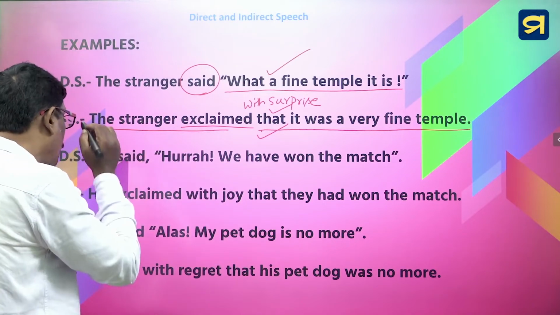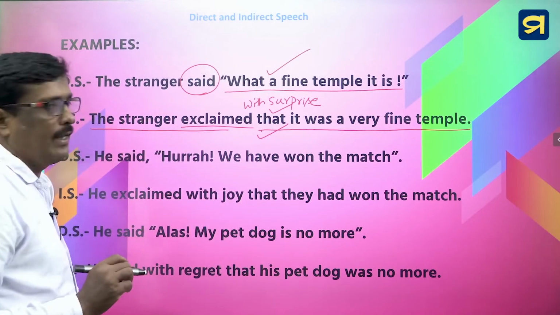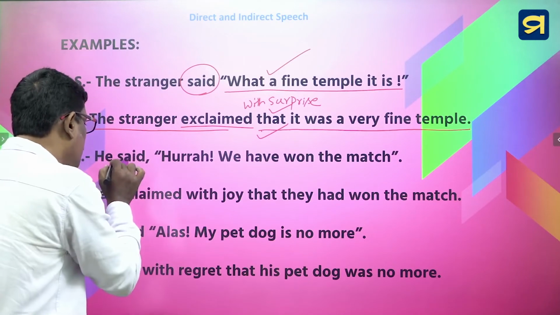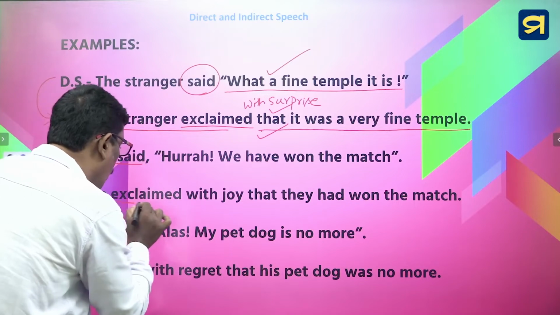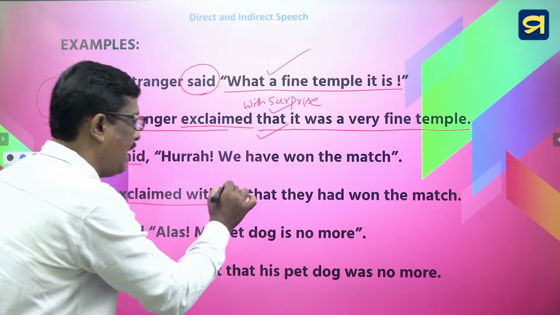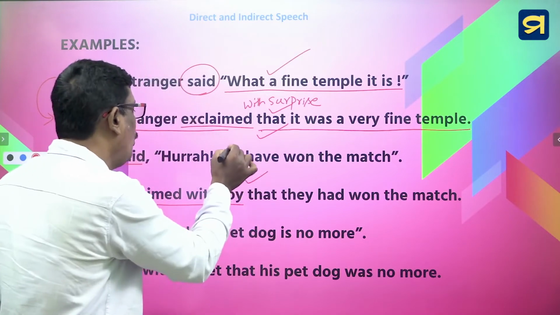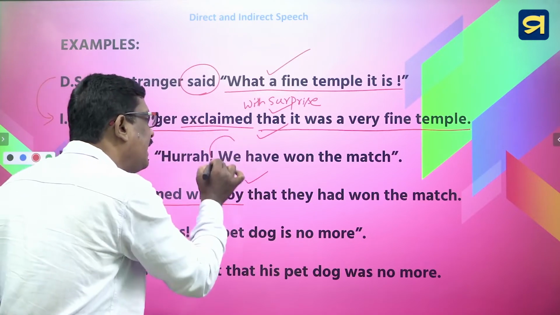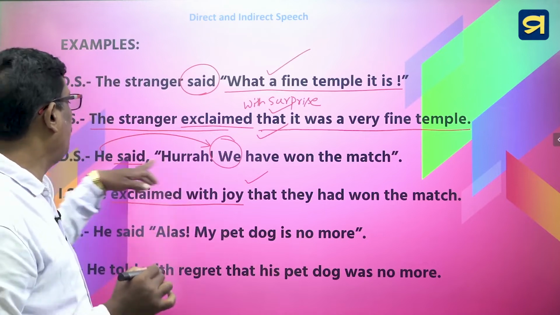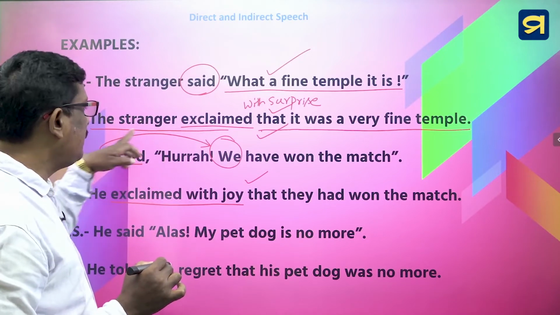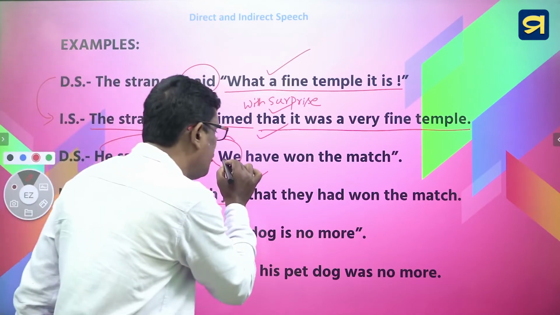You see how we will change from direct speech into indirect speech. We have already discussed that the reporting verb will be changed. He exclaimed with joy that, you see, we means they, because he means here they. That's why we changed it into they.